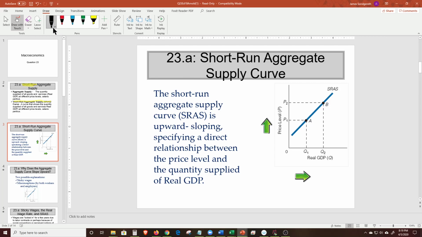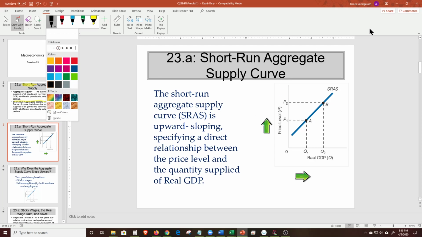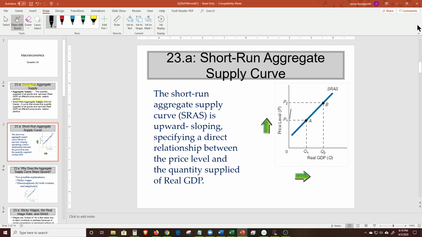So as the price level goes up, quantity supplied of real GDP goes up, so we're moving along the short-run aggregate supply curve. And so we need to ask, why would this happen at all? Because, if you do like a little mental experiment, if you increase all prices by 100%, right?